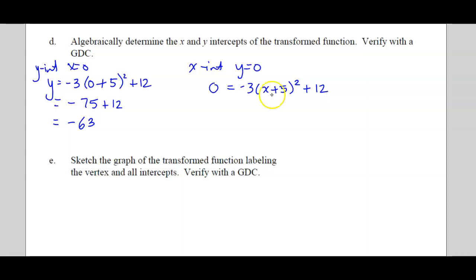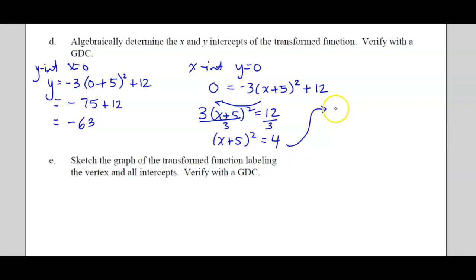So here I would bring this term over to the left. So that's going to be 3 times x plus 5 squared equals 12. Divide by 3, both sides. Then take the square root of both sides and get x by itself. You can expand out and maybe factor, or use the quadratic formula, but this is pretty straightforward because you can even take the root of 4, right?